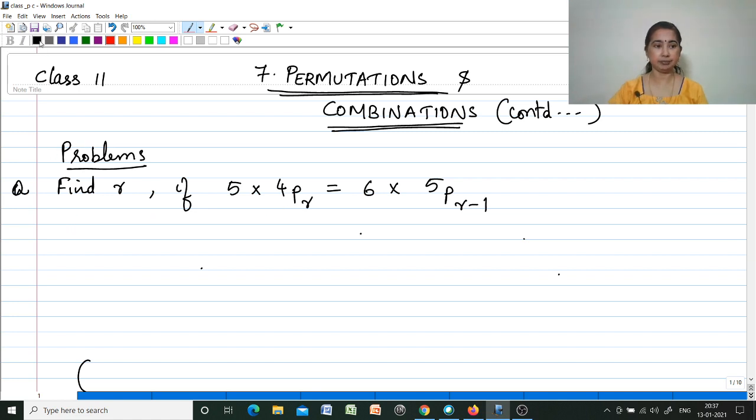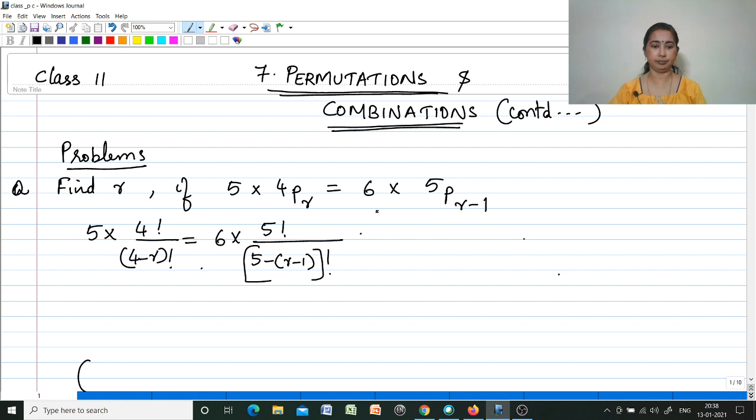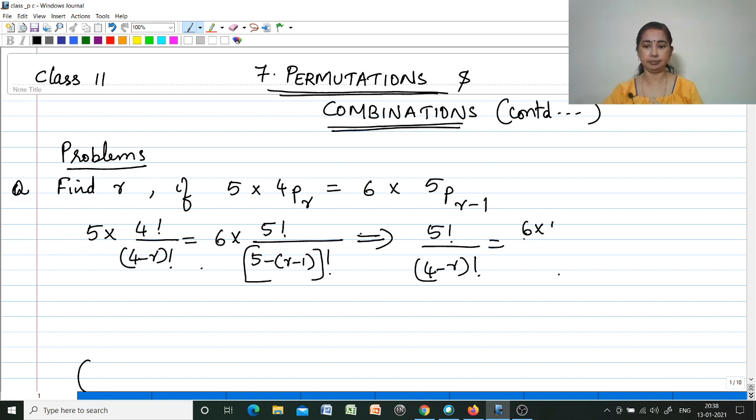We can write 5 into 4Pr as 5 into 4 factorial divided by (4 minus r) factorial, which is 5 factorial divided by (4 minus r) factorial, equal to 6 into 5 factorial divided by (5 minus r plus 1) factorial, that is (6 minus r) factorial.